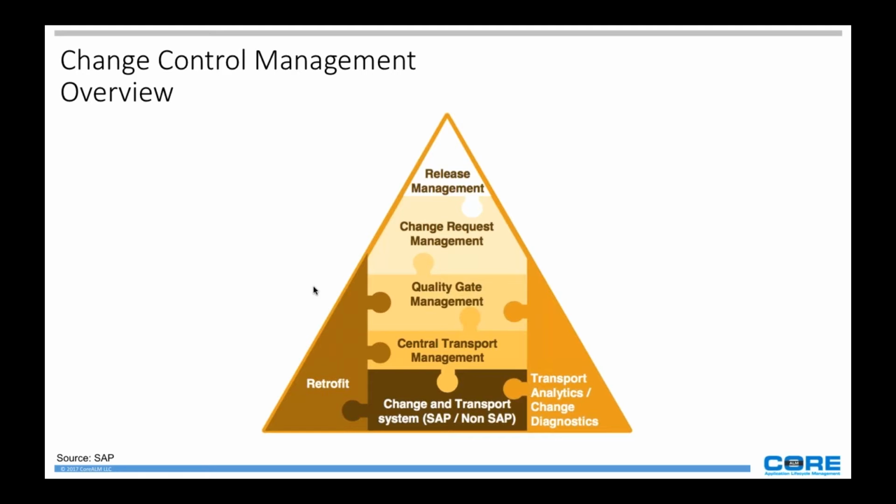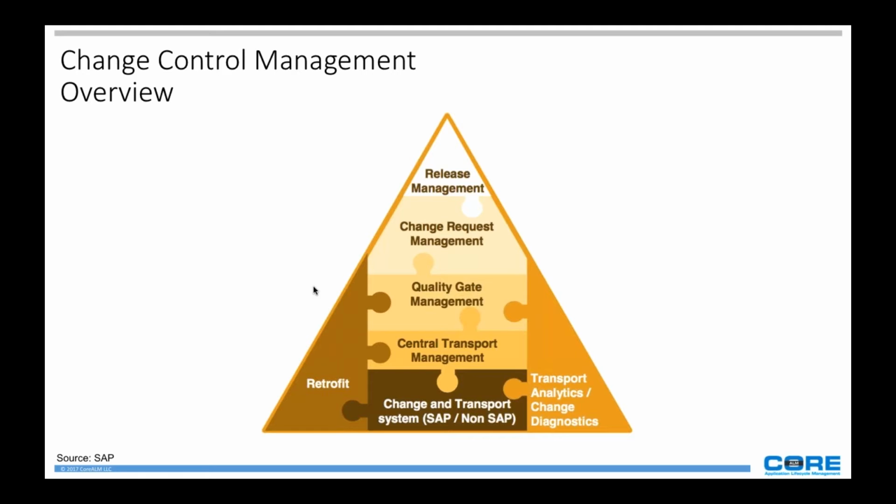Okay? So on this slide, what I want to show you is that when we talk about change control management, ChaRM is one puzzle piece of the triangle that I'm showing here. Change control management in Solution Manager covers several different elements that make this a complete area.